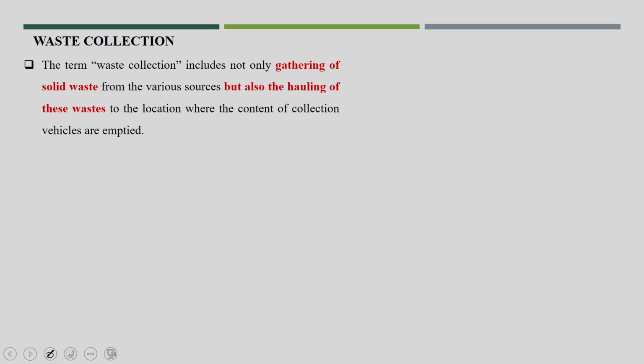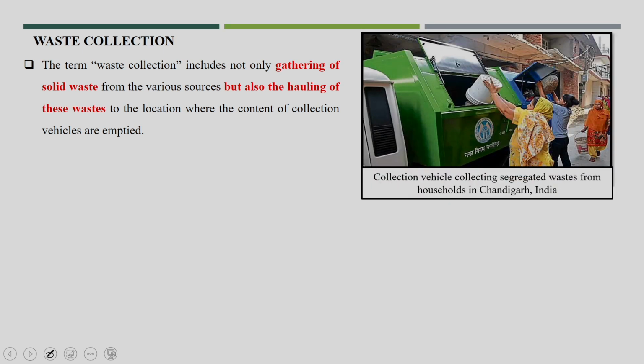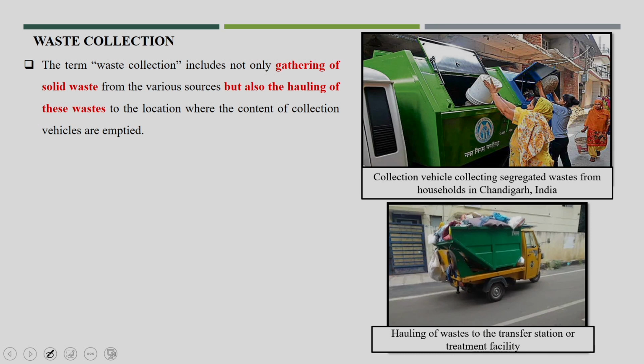As I said, primary collection includes not only the gathering of waste from the various sources, but also hauling this waste to the location where the vehicle will be emptied or the waste will be disposed of. Here you see the primary collection in Chandigarh, with segregated dry waste and wet waste.